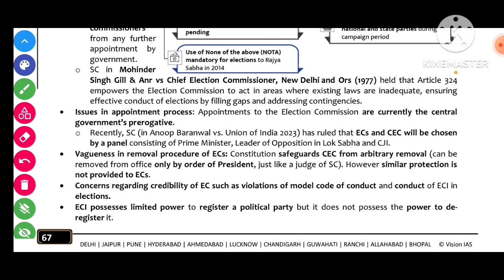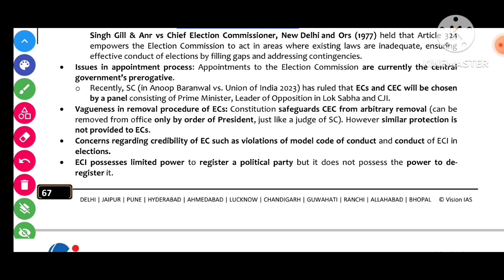And the Supreme Court in the Mohinder Singh Gill and another versus Chief Election Commissioner, New Delhi and others, 1977 case, you can remember here.